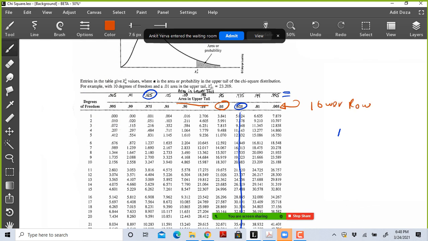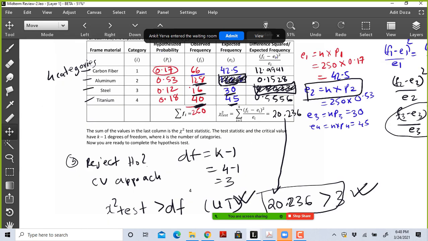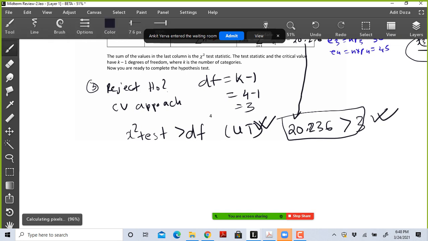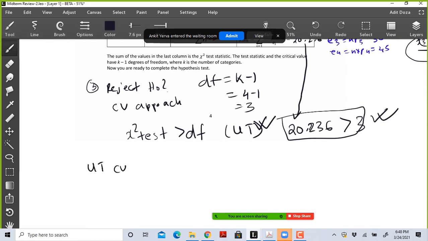So 0.05 and the degree of freedom is 3. Yes, 7.815. This makes more sense, right? It is an upper tail critical value because it met this condition: our chi-square value is greater than the degree of freedom. So chi-square 0.05 upper tail is 7.815.